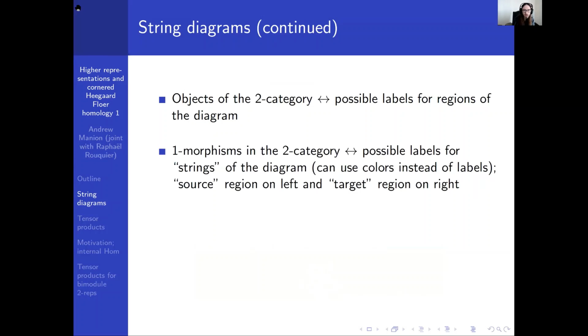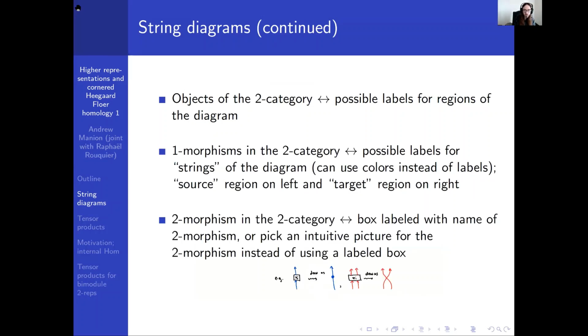Okay? So that's how you depict one morphisms, these strings, and then a two morphism, I could think of as a box or a little circle or whatever type of node, labeled by the name of the two morphism. So that's how I could depict a two morphism, in general, I could just draw that sort of picture. Or if there are specific ones I care especially much about, I could give them their own pictures.